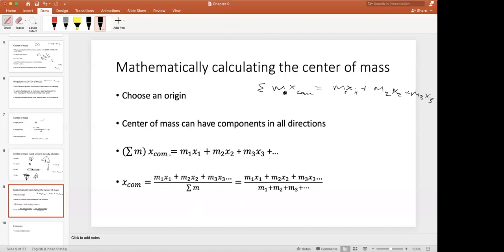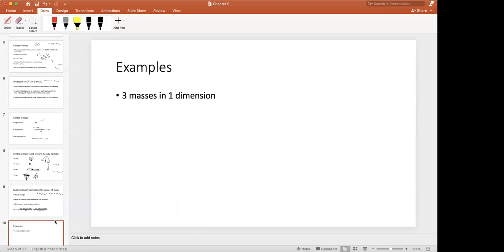So no matter how many masses we have, we take the individual distance in one dimension to each mass, and these x's can be positive or negative, and we'll see that in a second. But we add all these up. We then divide by the sum of the masses, and that tells us where our center of mass is. We do that for x, we do it for y, we do it for z, whatever directions we care about, however many dimensions there are in the problem.